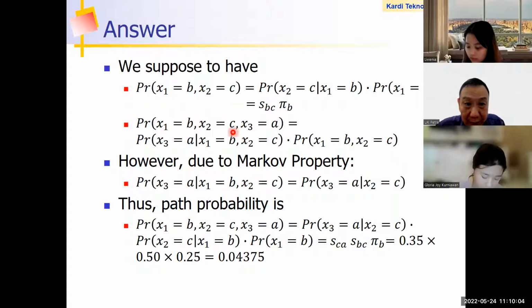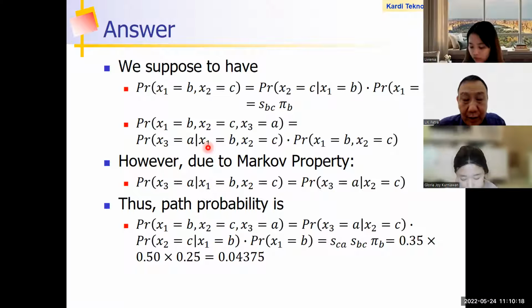Okay, and then how about the three of them? If you have the three of them, now I will say, okay, I can put it like this, right? That the day after tomorrow is in A, given that today is in B and tomorrow is in C. So if you look at this, this must be divided by this joint probability, right?